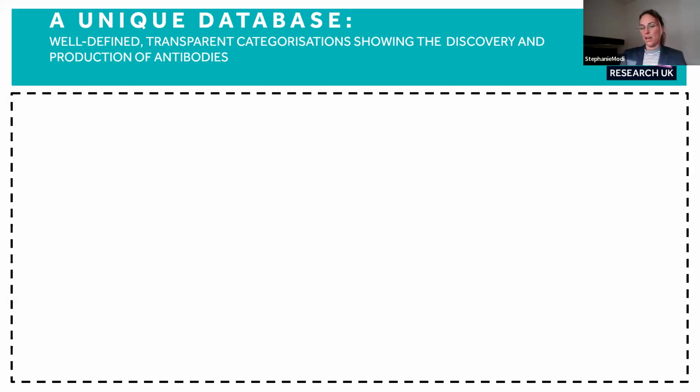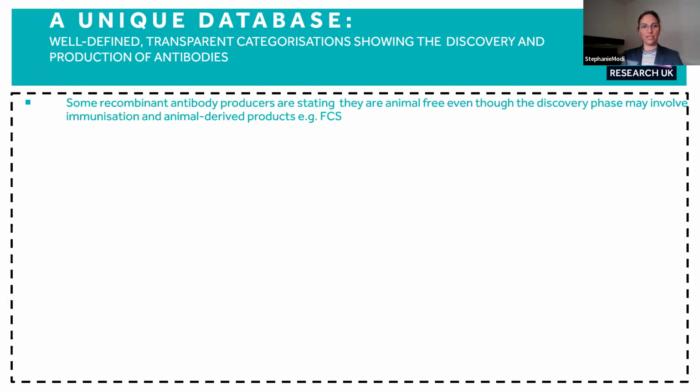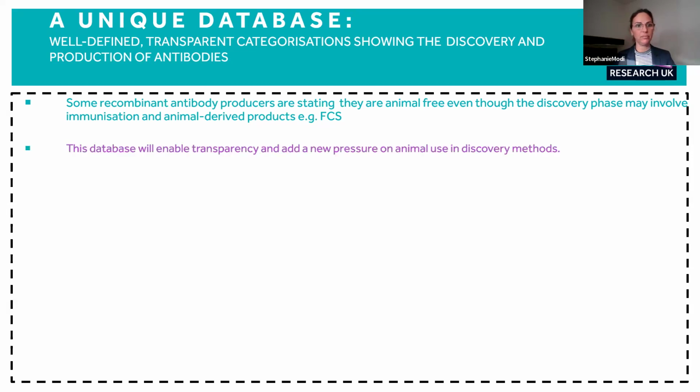So a few points about this database, which is why it's so unique. As I mentioned, it offers well-defined, transparent categories showing discovery and production. And as mentioned before, some recombinants are stating that they're animal-free, but actually, from what I've shown you, you can see that the discovery phase may involve animal immunization, whether it's historic or ongoing, and there may be animal-derived biomaterials used, and users want to know this information.